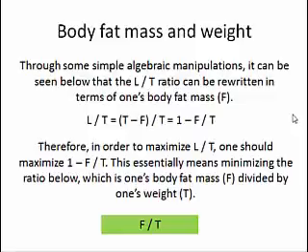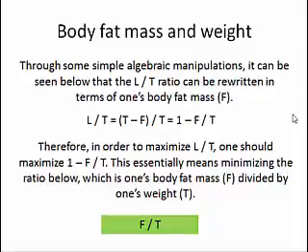Now, if we take that ratio, L divided by T, and do some simple algebraic manipulations on it, we get to another expression, which is 1 minus F divided by T, where F is one's total fat mass, T is still total mass.